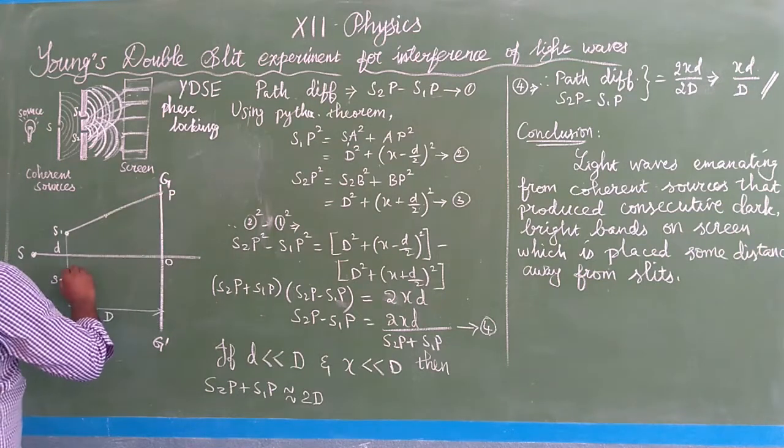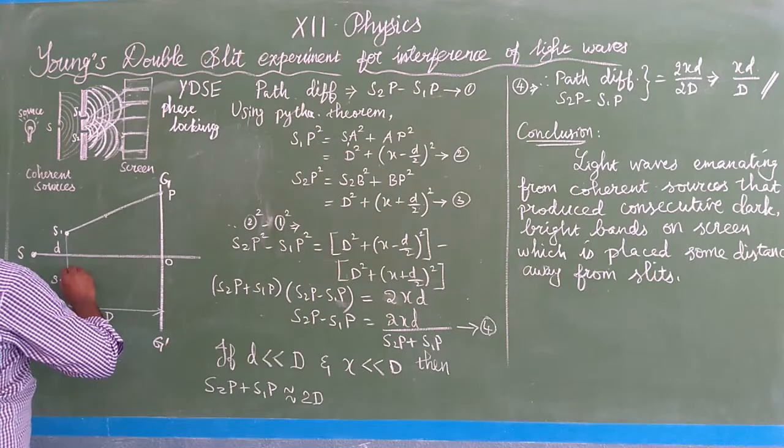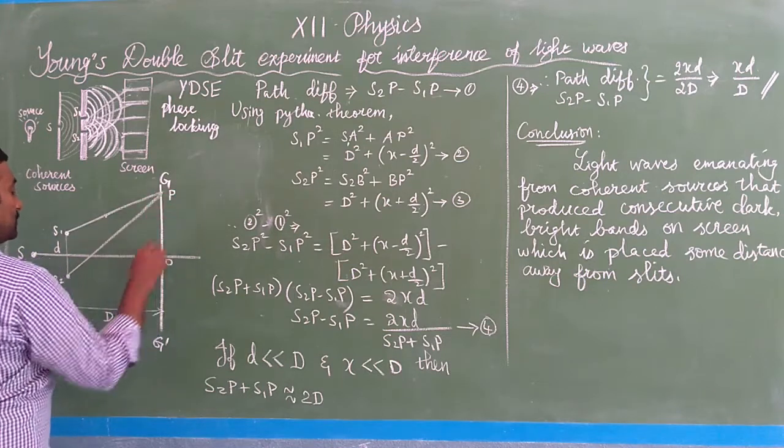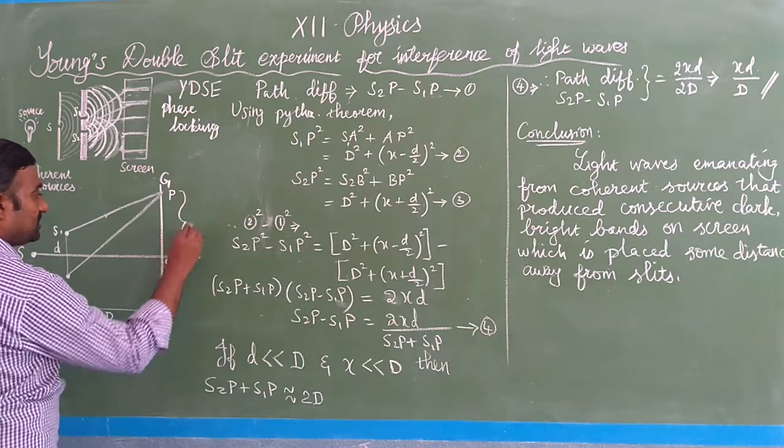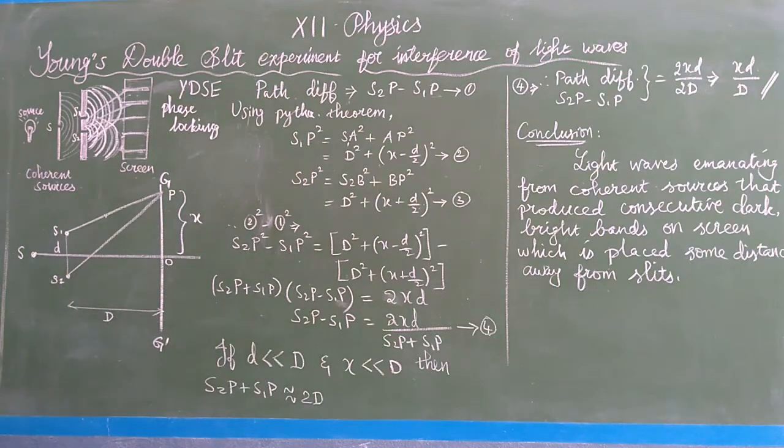S2 is similarly located from P. So the interference point is located at a distance of x from the original axis. From the diagram, S1S2 is equal to small d and OP is equal to x.